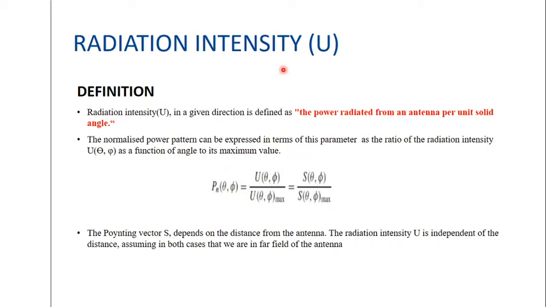So we can define the radiation intensity in terms of power as well as the Poynting vector. So we have written the formula using the Poynting vector because Poynting vector defines energy per unit time per unit area. So the ratio of these two also gives us the normalized power pattern of an antenna. So how much power can be radiated from an antenna? That is what we call the radiation intensity.